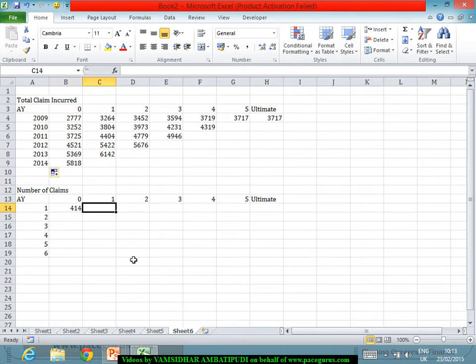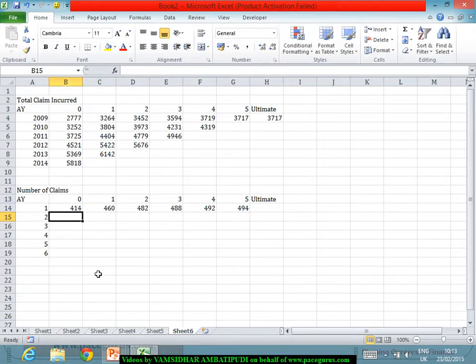Whereas by the end of 2010, overall 460 claims got settled, and the settled amount was around 3.264 million. Similarly, here 482, 488, 492, 494.